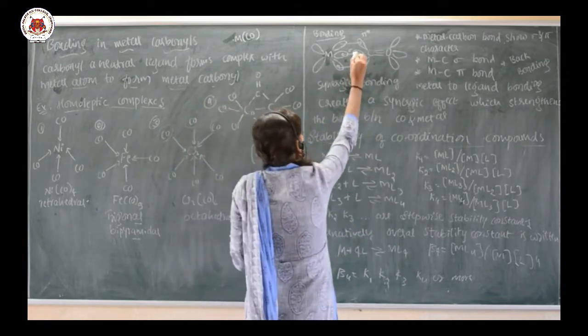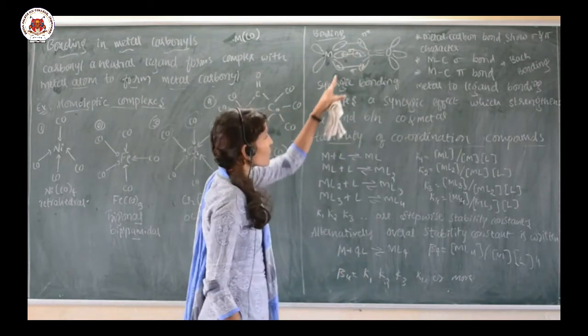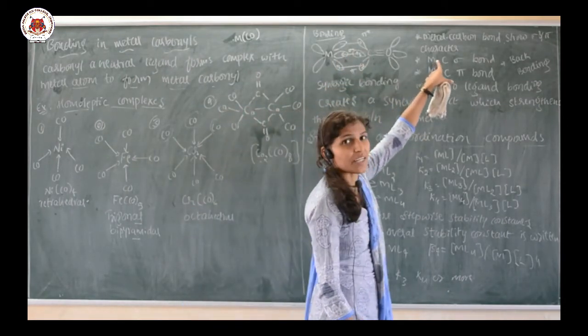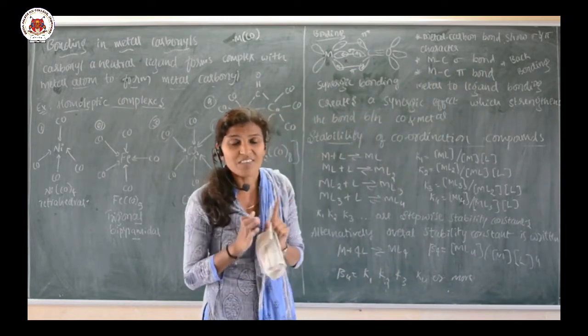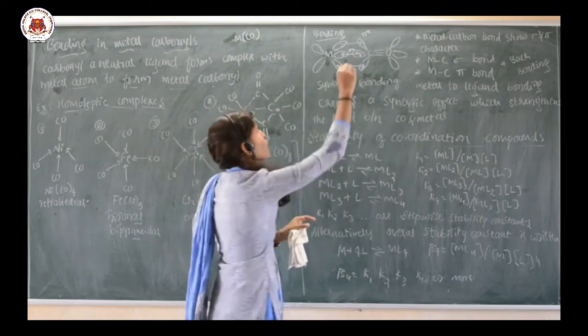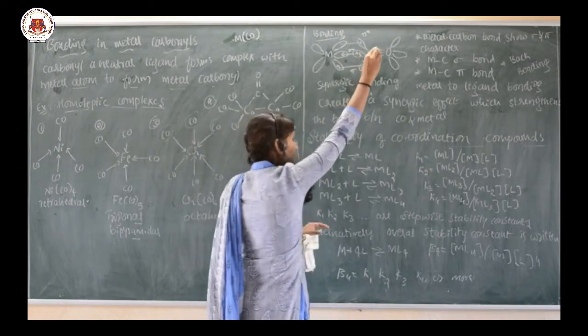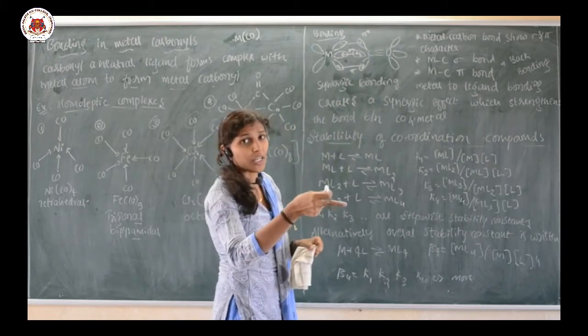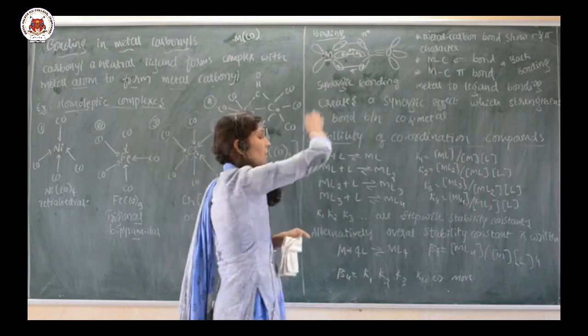This donation forms the sigma bond. So the metal to carbon sigma bond is formed by the donation of the lone pair of electrons of the carbon of the carbonyl group towards the empty d orbital of the metal.